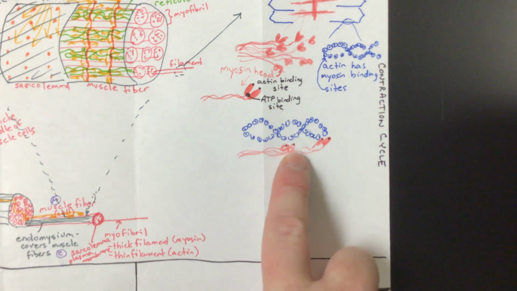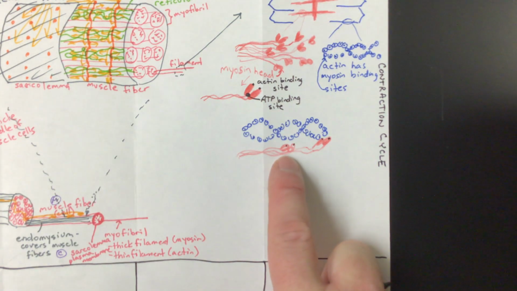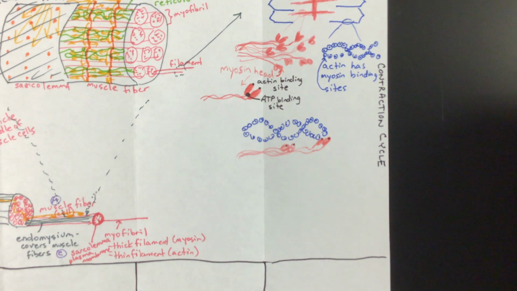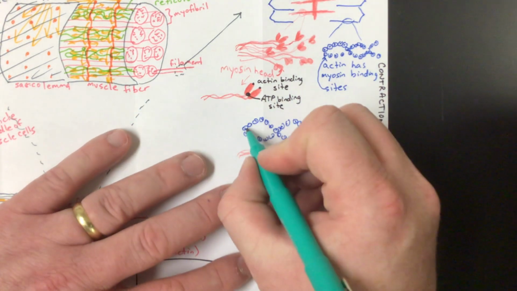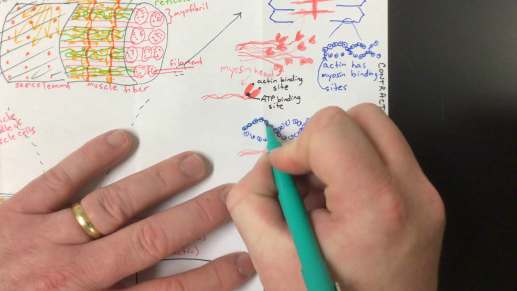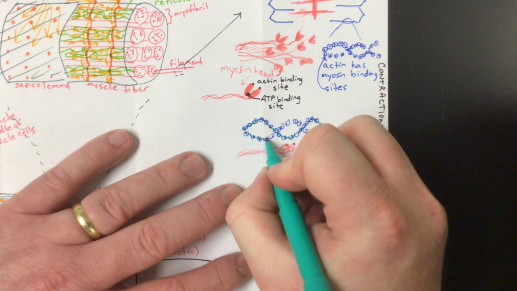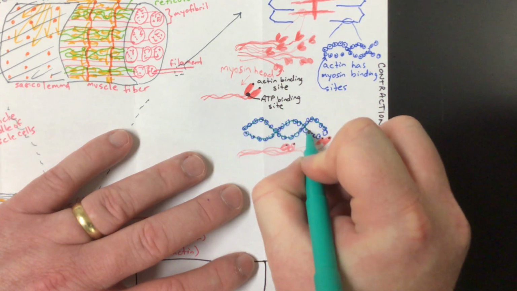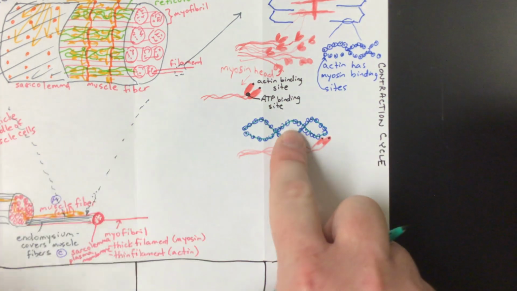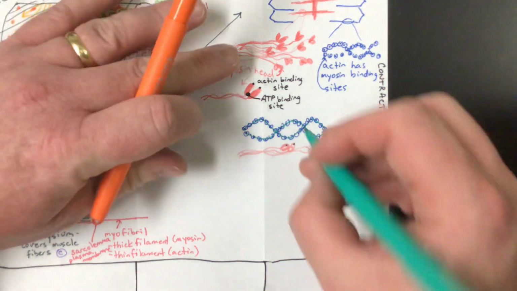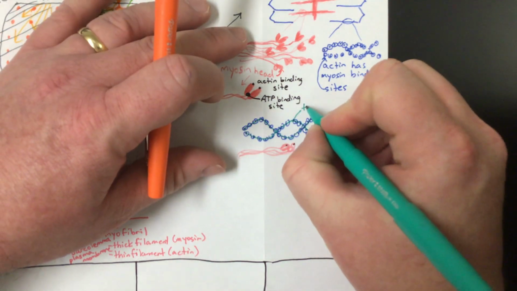And then what happens is that the myosin can't bind the actin binding sites because there's another protein in the way. So there's a protein that I'm going to draw on here in this green color. And it completely binds to and blocks all of these actin binding sites. This protein is called tropomyosin.